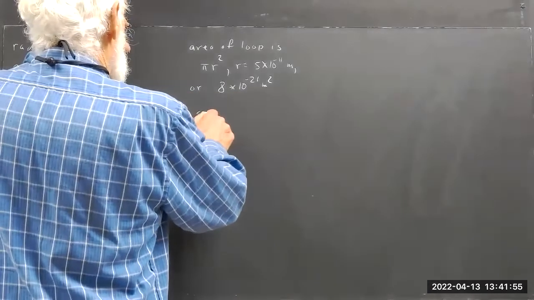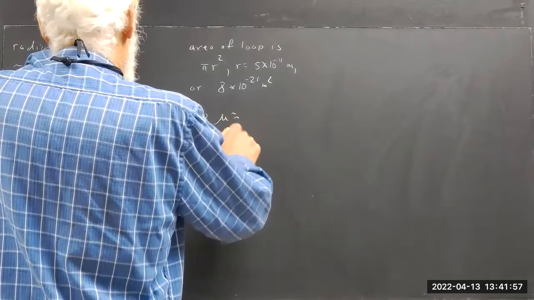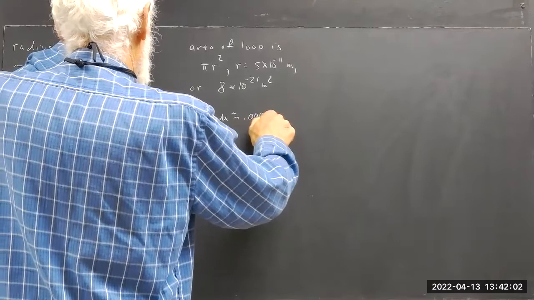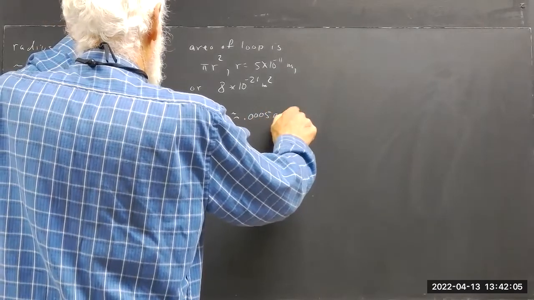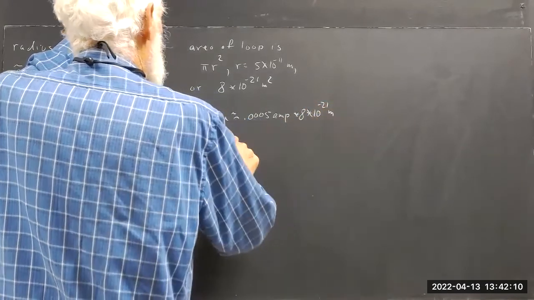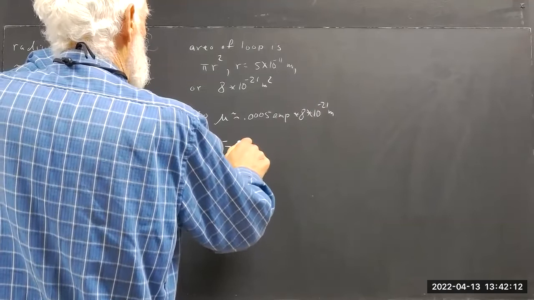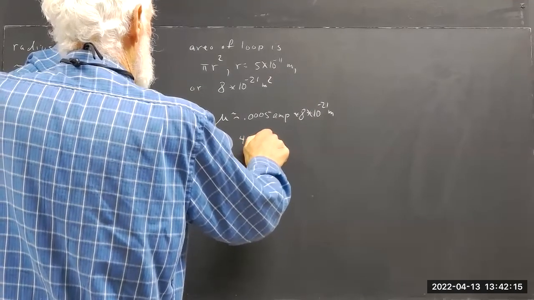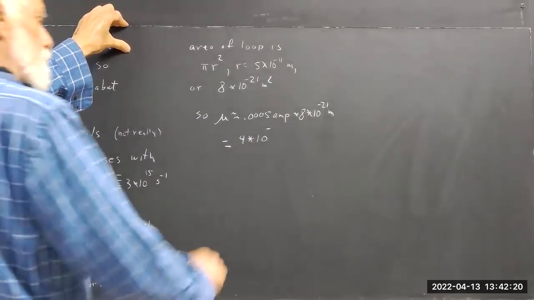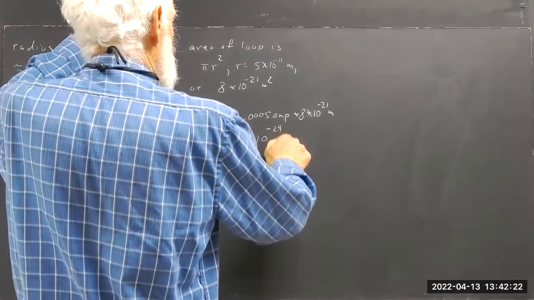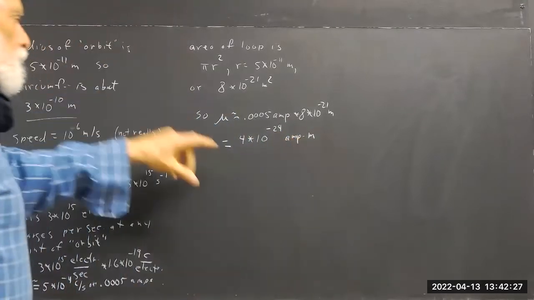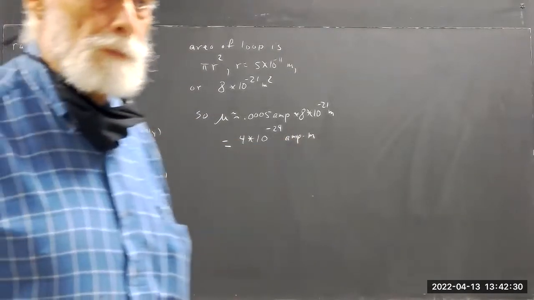So use approximately 4 times 10 to the negative 24th amp meters.